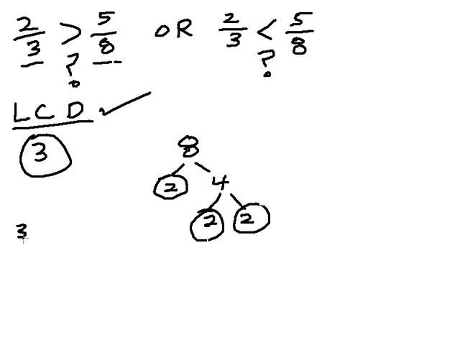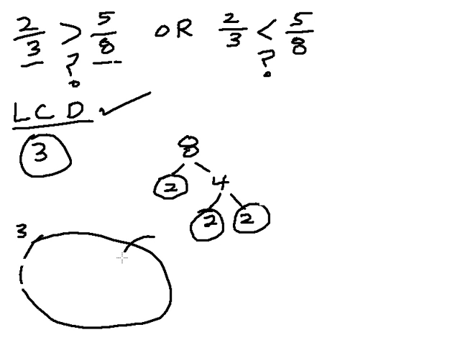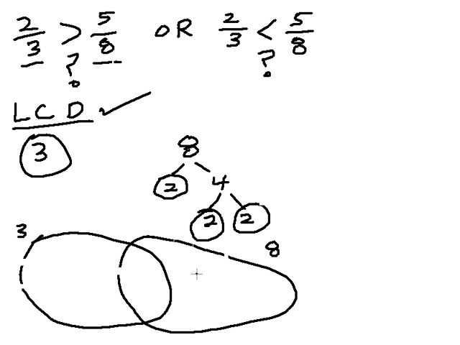The Venn diagram. There's no paired numbers. Let's go with the Venn diagram. Now, the Venn diagram is useful for finding the greatest common factor because it's what's in the middle. There's nothing in the middle this time.